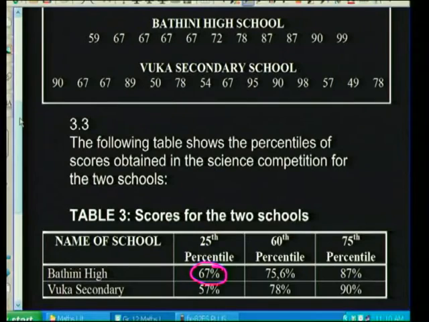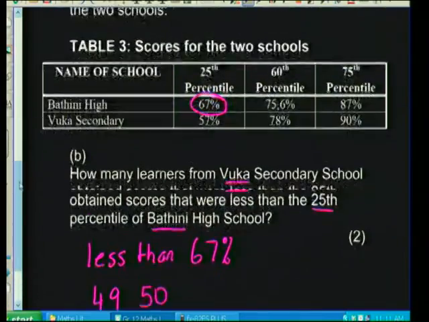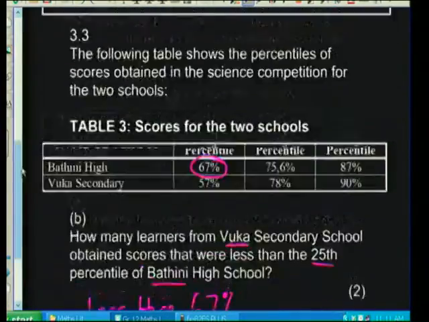It just makes it easier for me to remember, especially if you get distracted. So less than 67, we're looking for Vuka. It was less than, so we don't have to include the 67. So that was our 49, 50, 54 and 57.